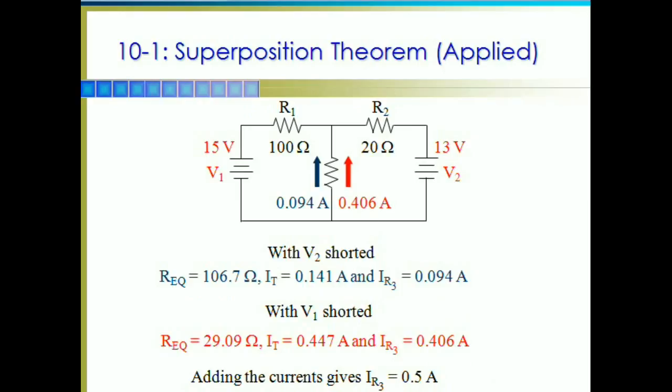So 10 ohms at 500 milliamps, that means we're going to get 5 volts across that resistor, using both power supplies at the same time. Okay, that's superposition. Just doing the math, one voltage source at a time.